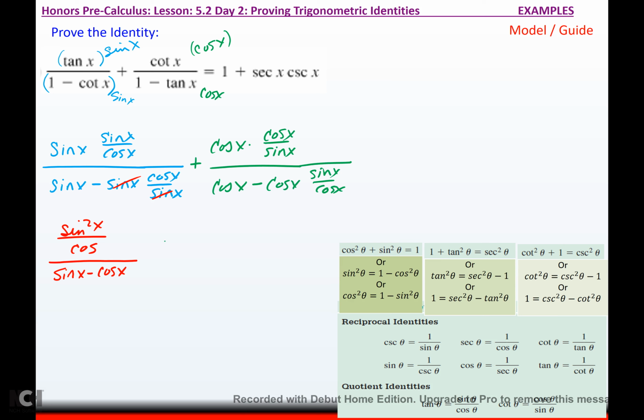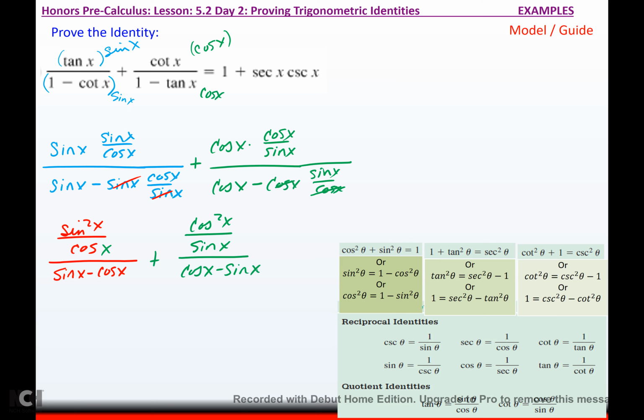That's going to give me cosine squared x over sine x all over, those cosines cancel, and I get cosine x minus sine x.